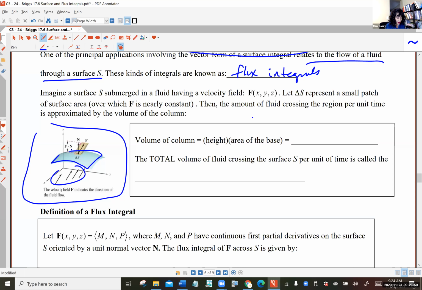And you want to figure out how much fluid is flowing across that surface per unit time.